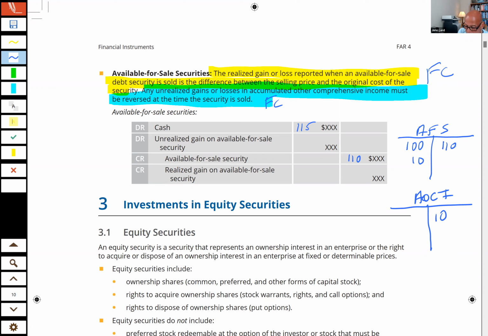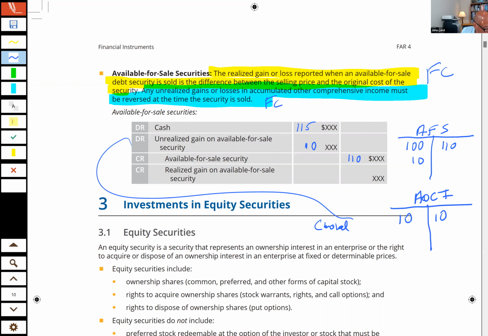The unrealized gain on available for sale security, I'm going to debit that for 10, and then that account gets closed to the accumulated other comprehensive income, because accumulated other comprehensive income is like the retained earnings of other comprehensive income, isn't it? So I'm going to close that out. I'll credit the unrealized gain. I'll debit accumulated OCI. So that closes that out to 0.